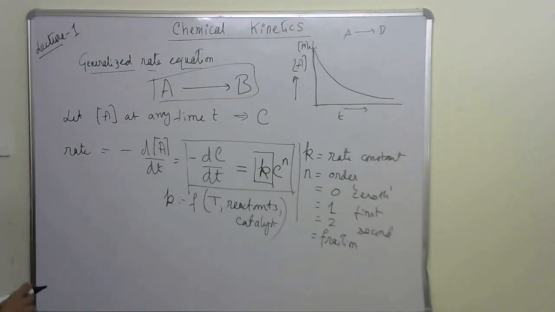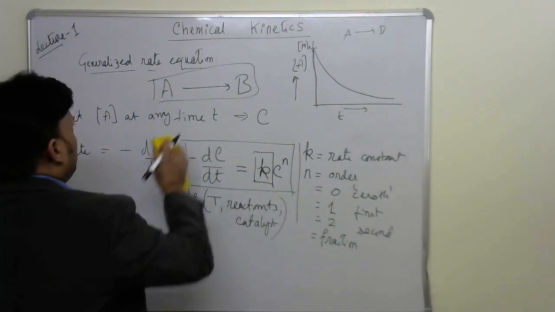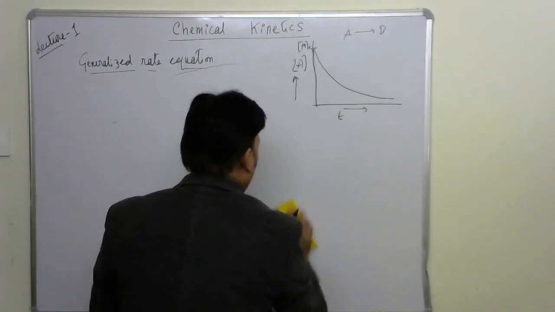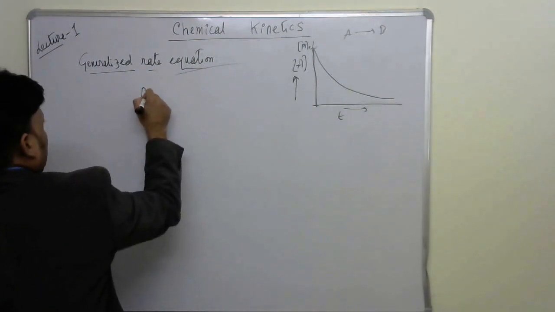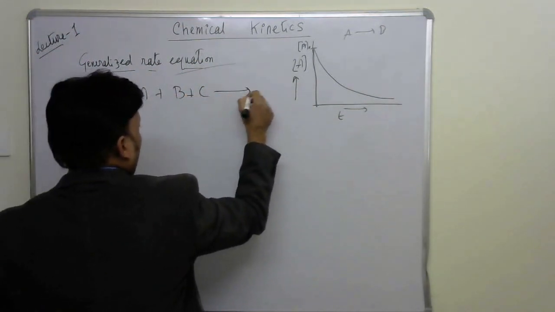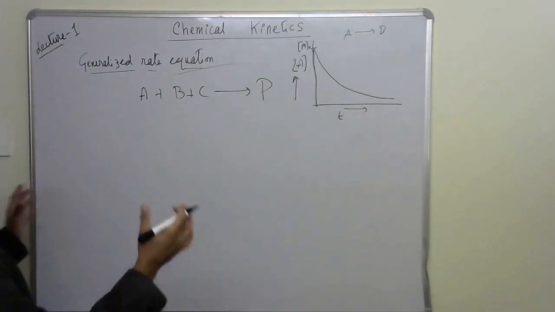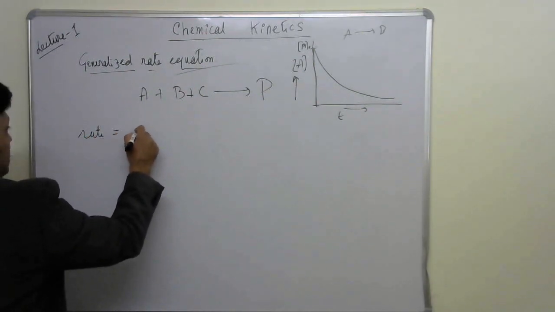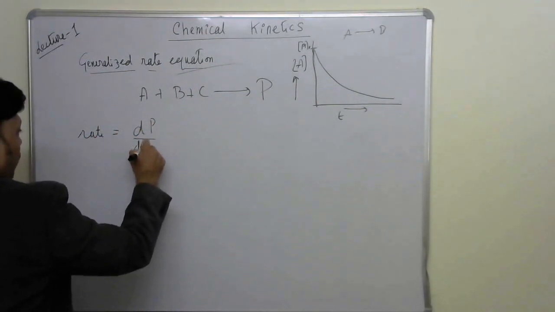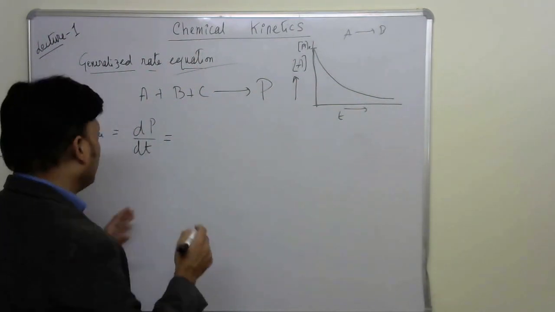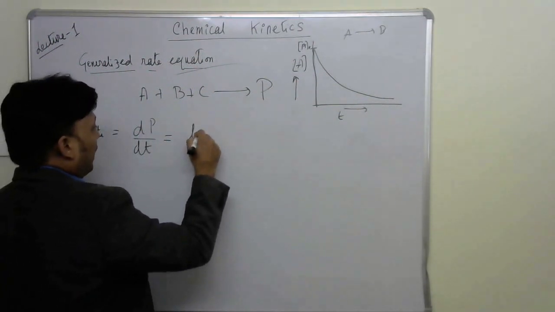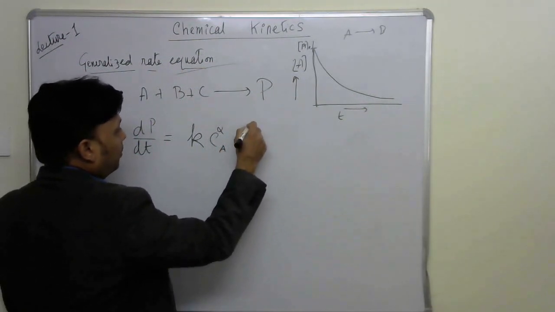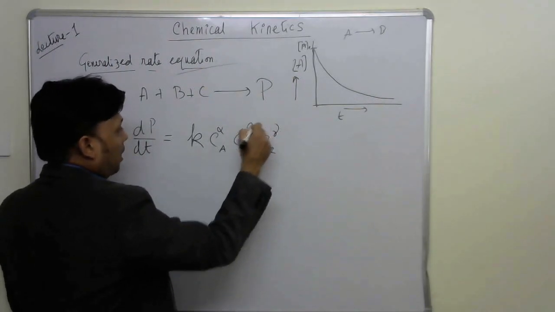The next question is, for example, if my chemical reaction is represented as A plus B plus C making a product P. So the three reactants make a product P, and someone expresses the rate as the formation of the product, dP/dt, equal to K times concentration of A to the power alpha, concentration of B to the power beta, and concentration of C to the power gamma.